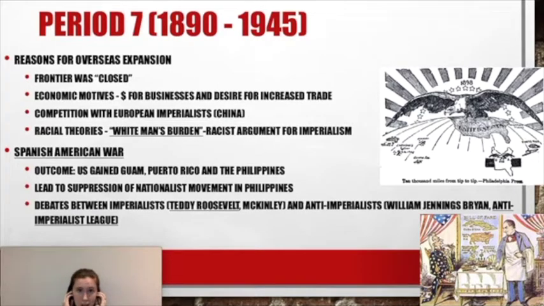Now, during this time period, so at the end of the 1800s and the beginning of the 1900s, one of the things that we do see is U.S. interventionism, and particularly in Central and South America. And a lot of the biggest reasons for this is going to be economic. Basically, American companies are looking to how can they increase profits.